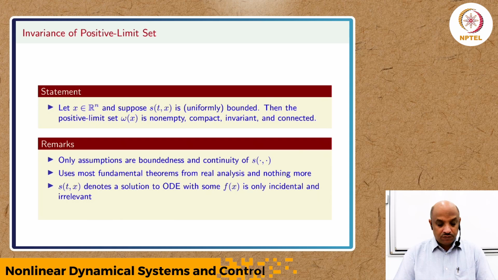Generalizations of this result are possible for other discrete times or discontinuous solutions, using again the standard results of real analysis. So in that sense, elevating ourselves to looking purely from a flow perspective makes things easier. We don't have to be bothered by what this function that's coming from the ODE is doing, right?